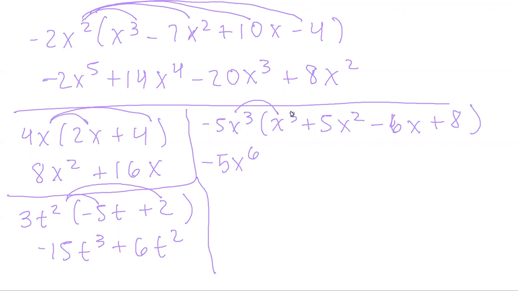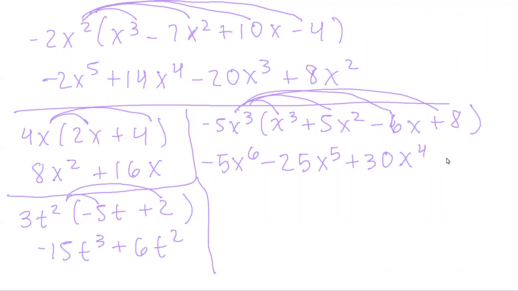And remember, you're adding the exponents, not multiplying them. Negative 5x cubed times the 5x squared, so I get negative 25x to the fifth. Multiplying to negative 6x, that gives me plus 30x to the fourth. And then lastly, to the 8th, I just get negative 40x cubed.